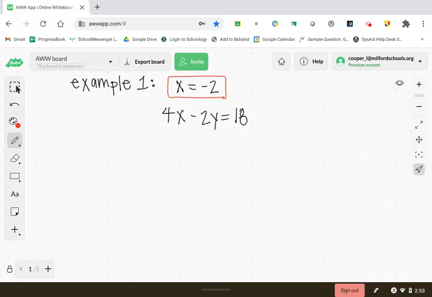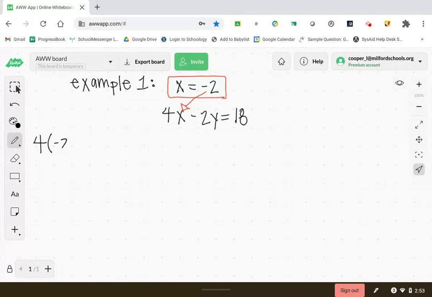So if x equals negative 2 in my first one, since I want these to work together like we have been with the graphing, I'm going to see what it would be if x was negative 2 in my second one. So I'm literally going to substitute the negative 2 in for the x of my second one. This would be rewritten as not 4x anymore, because just like I'm not here today and have a substitute in for me, you can't write the x anymore.